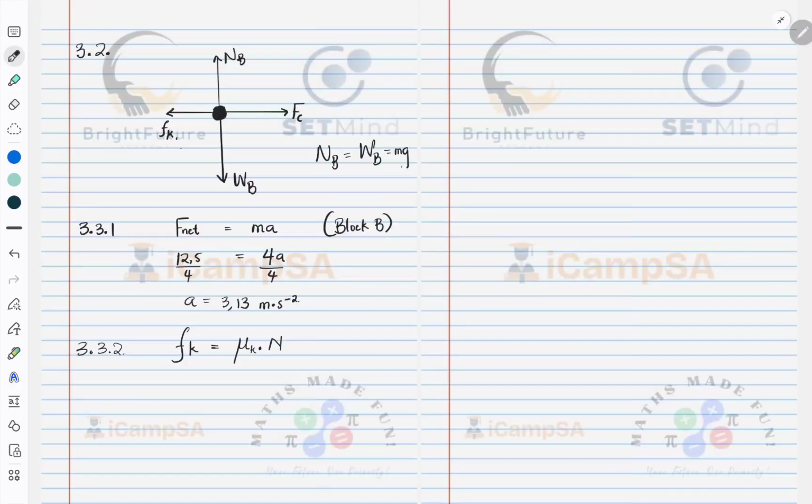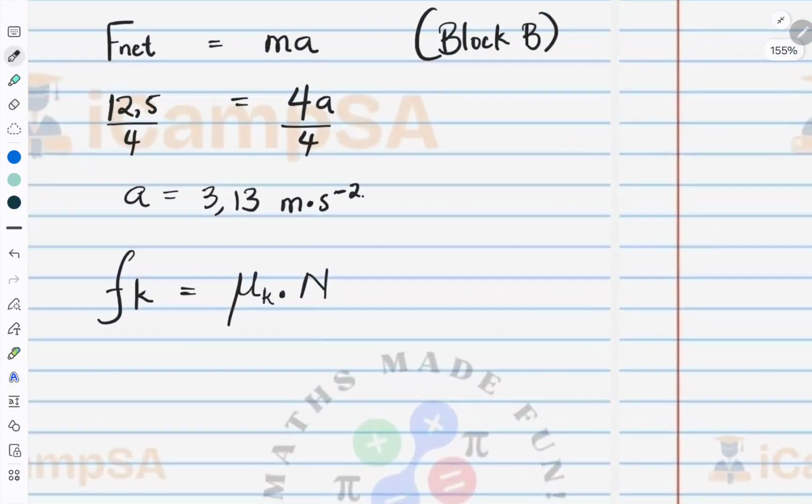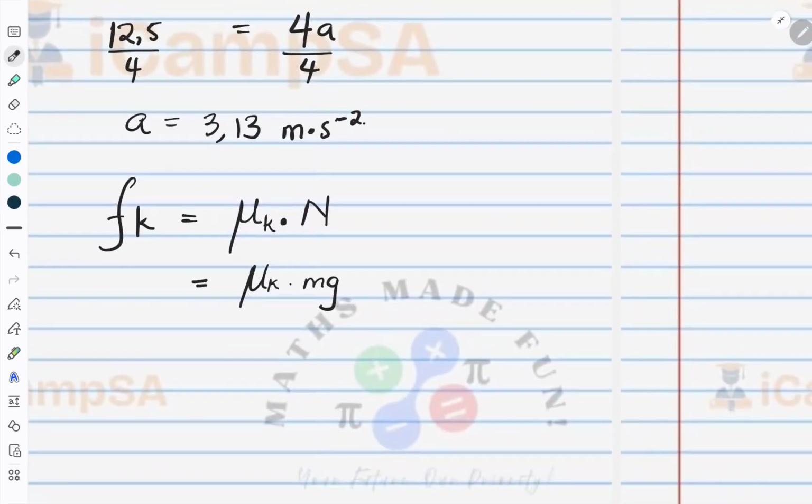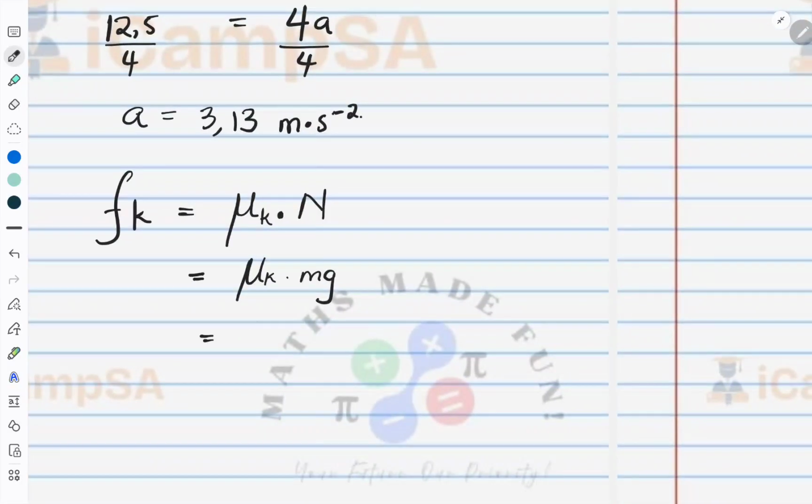Therefore we can say mu times mg, and we were told that mu is 0.2, and mg is 4 times 9.8. This gives us 7.84 newtons.